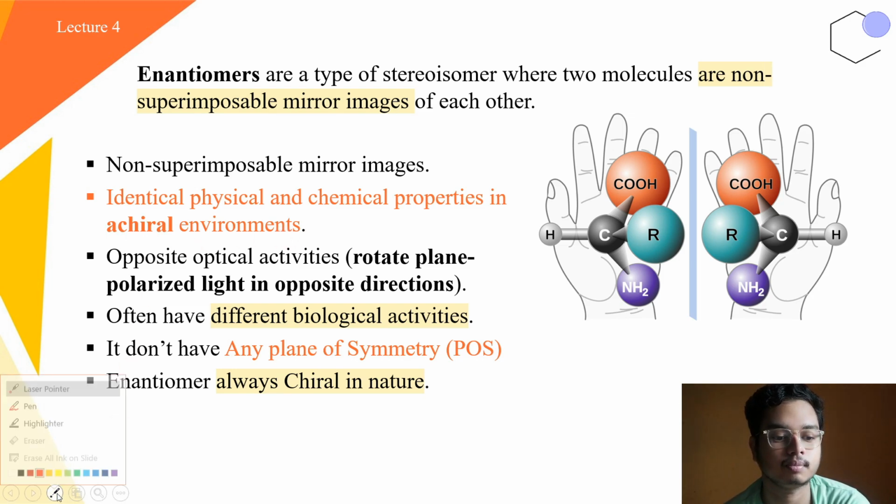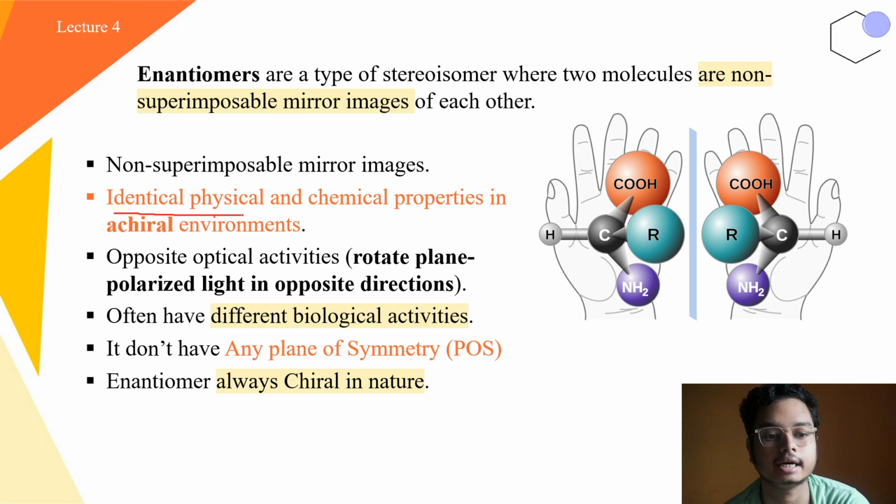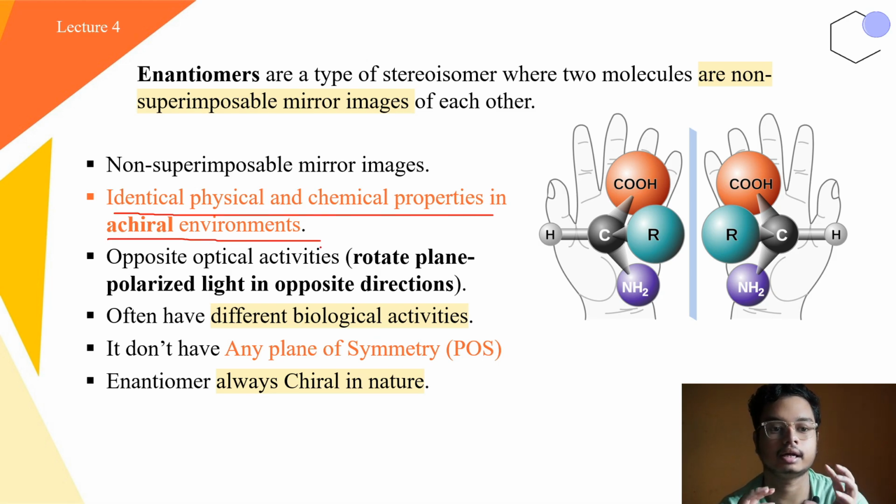It is a very important thing and nobody will usually tell you this. Enantiomers show identical physical and chemical properties in achiral environments, whereas when enantiomers are present in a chiral environment they show different properties. This property is used when we do the resolution of chiral compounds, especially in HPLC, where a chiral column is used to separate the enantiomers. So this is a very important point: enantiomers show identical physical and chemical properties in an achiral environment.